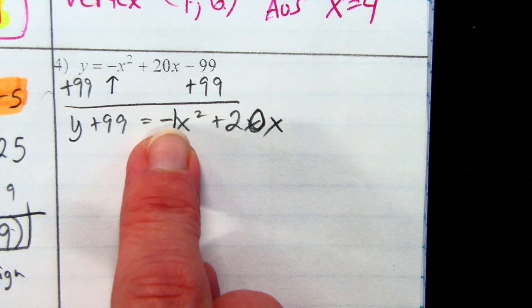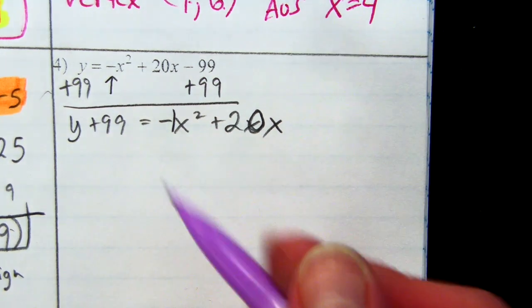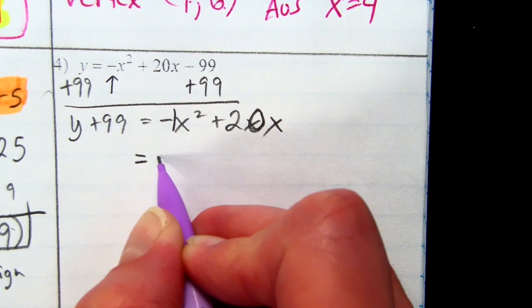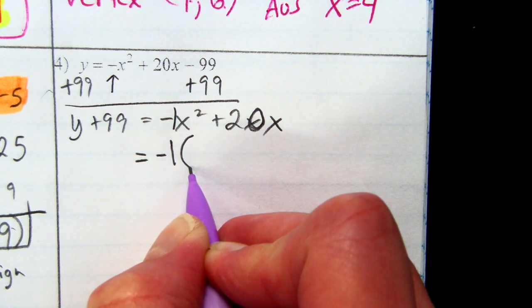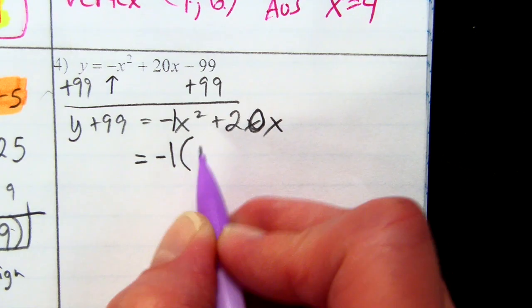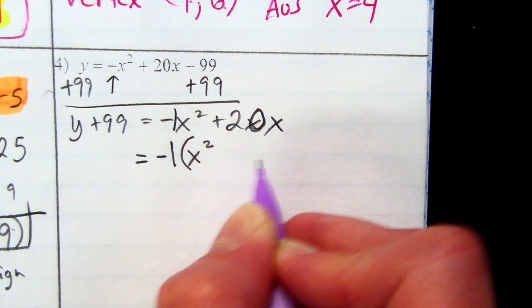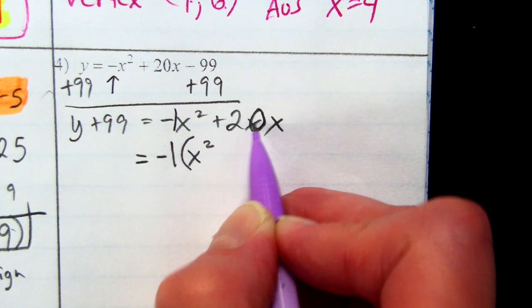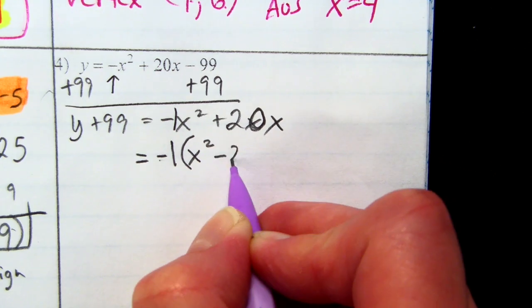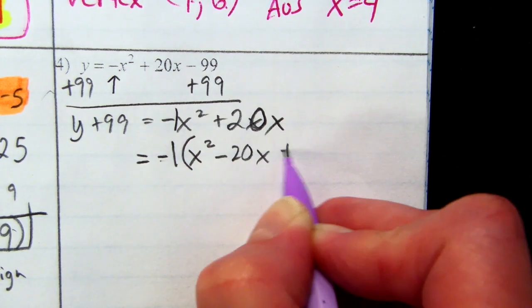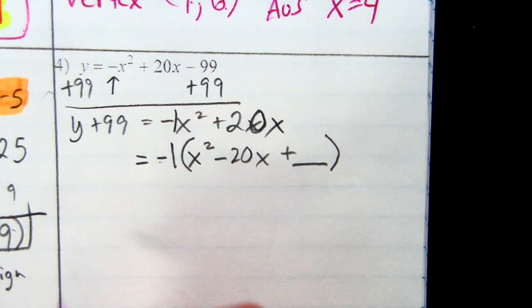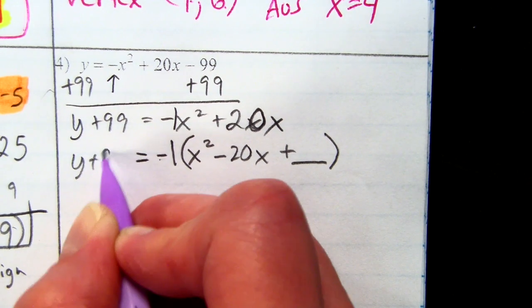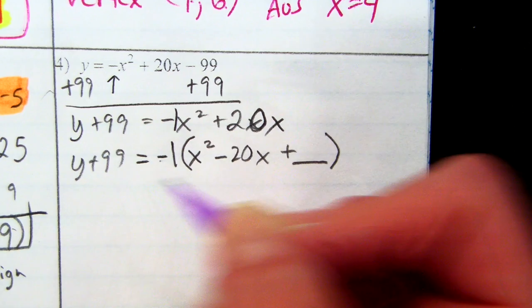So I can't just get rid of this entirely, but what I can do is factor it out. So now I'm going to have x squared, if I take 20 divided by -1, I get negative 20x. And my plus blank is going to go inside these parentheses. And right now, over here, the y plus 99 is just hanging out.